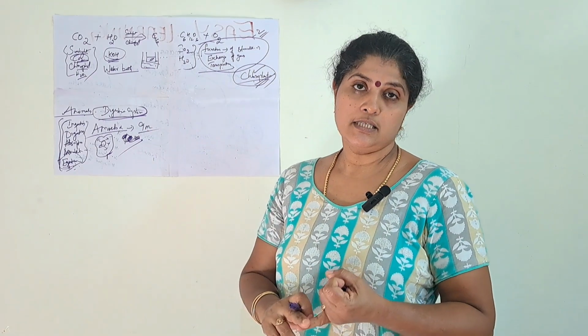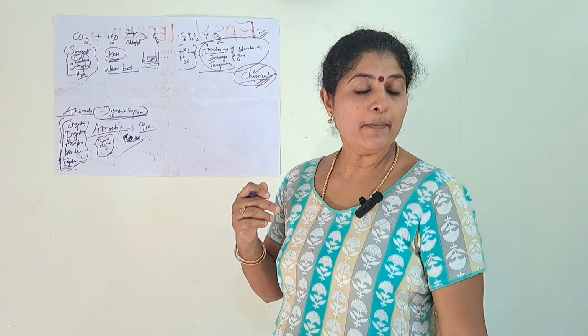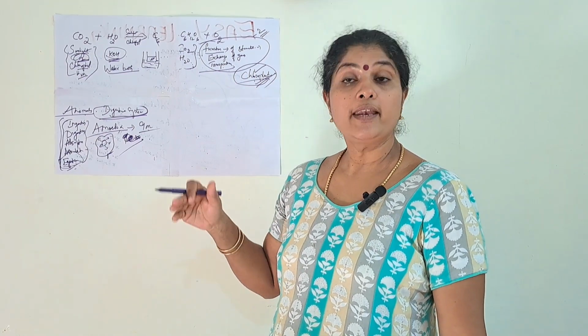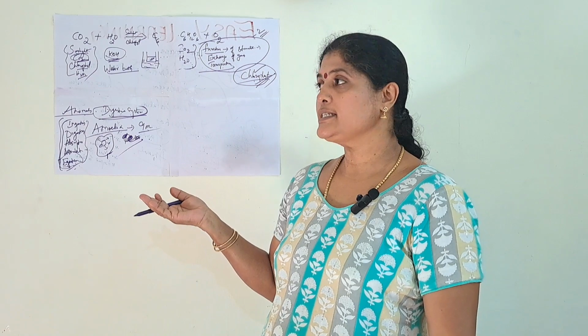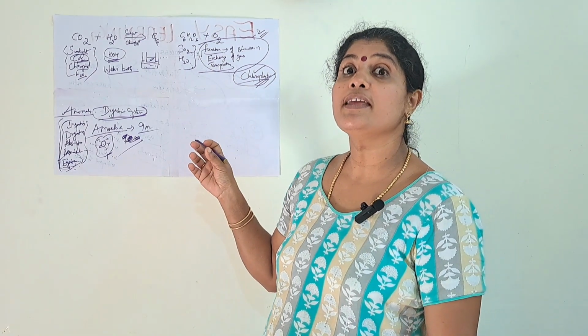The first is the mouth or buccal cavity. Second is the esophagus or food pipe. Then comes the stomach, then the small intestine, large intestine, rectum and anus. These are the parts of the alimentary canal.